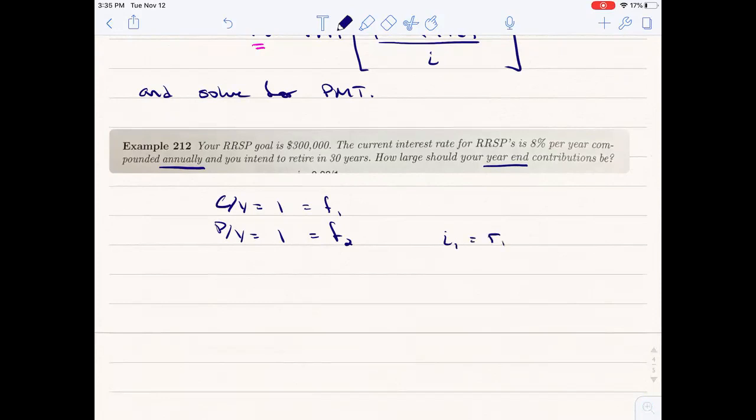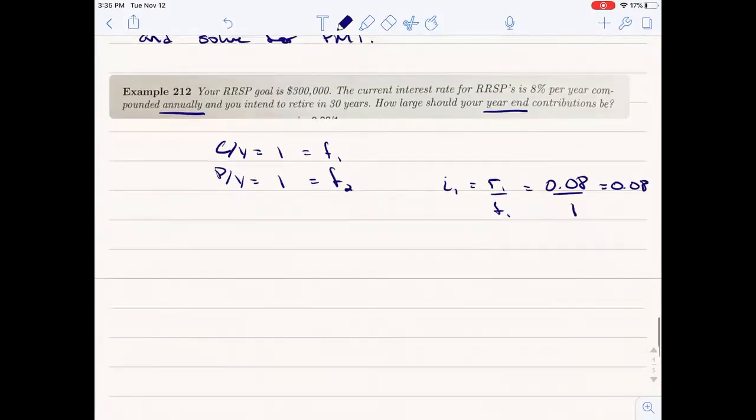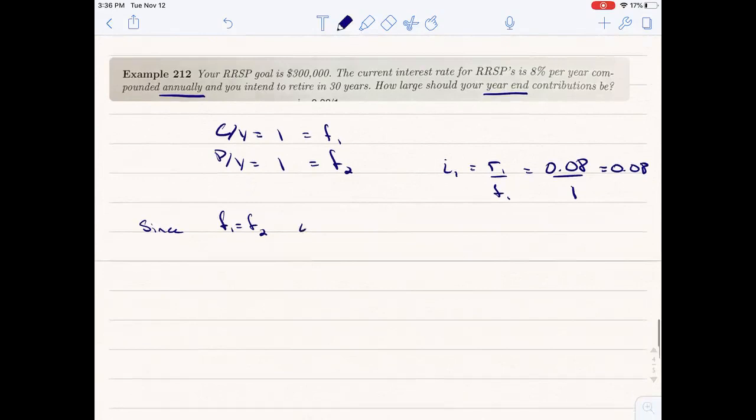I1 is R1 over F1, which is 0.08 over 1, which is 0.08. Here I'm just going to make a note that since F1 equals F2, we know I2 equals I1, which is 0.08.